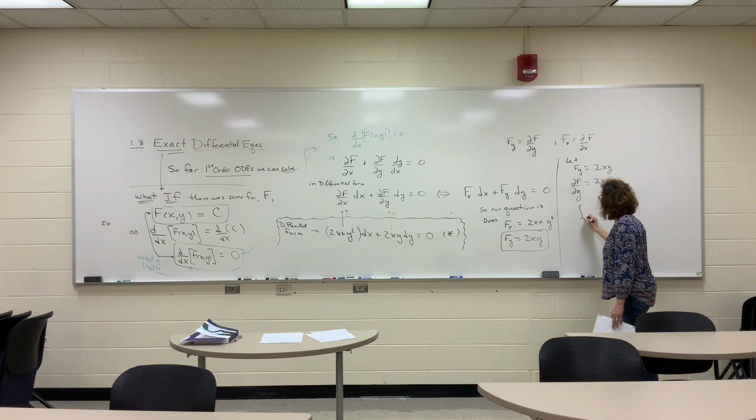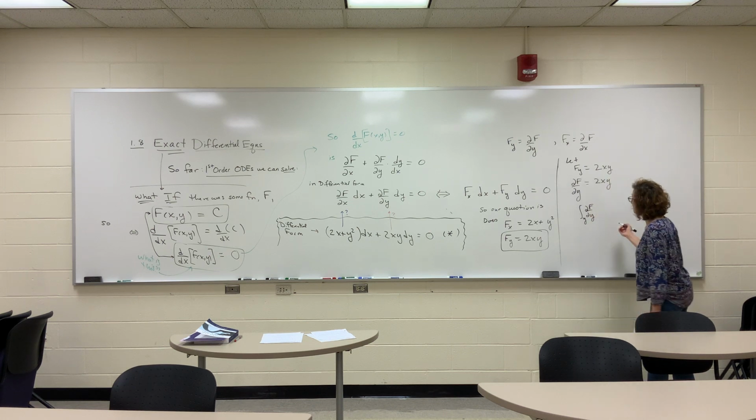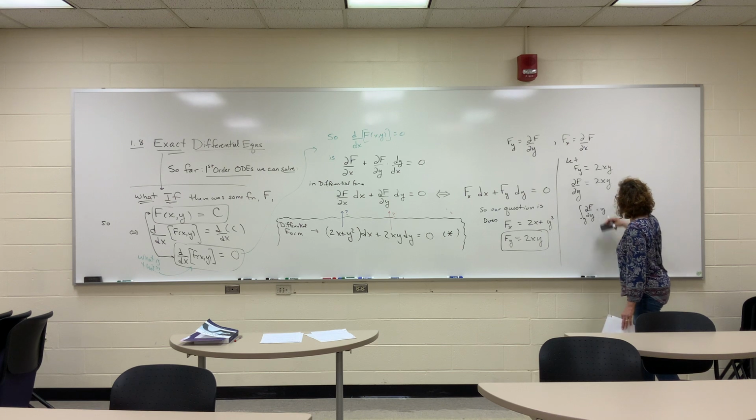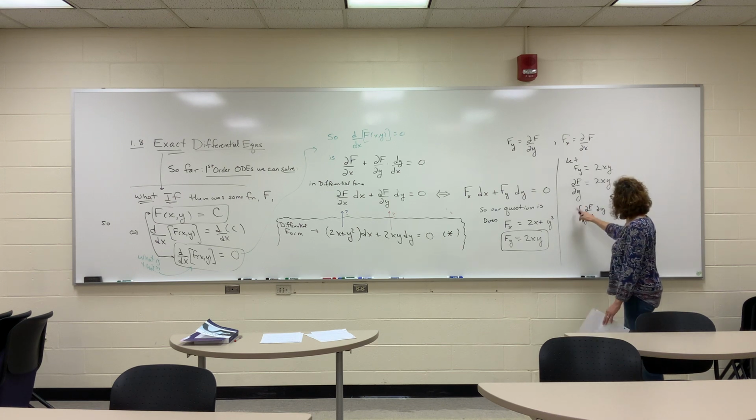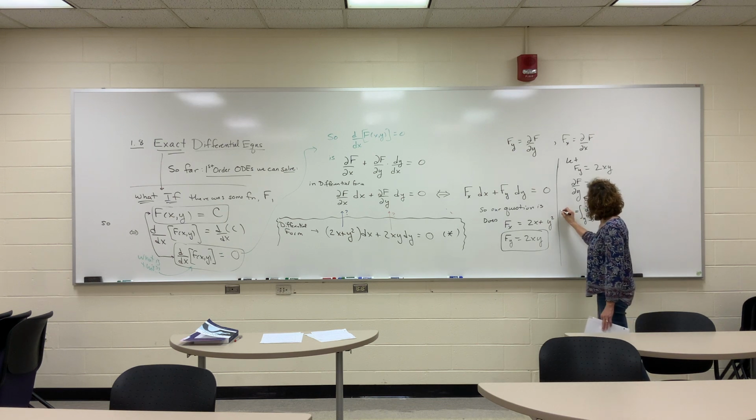I would want to integrate with respect to y the partial derivative of f with respect to y. Partial integration, right? If I integrate that guy with respect to y, then I'll get f of x and y.